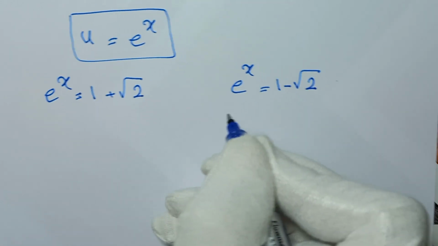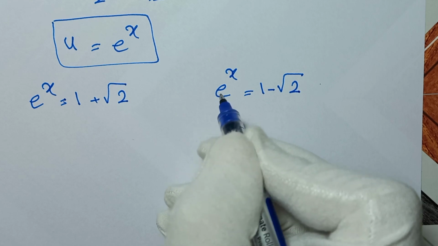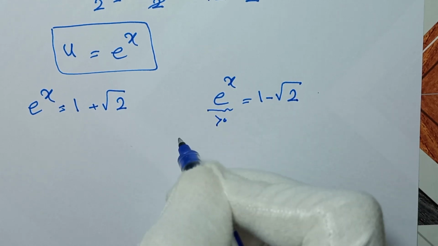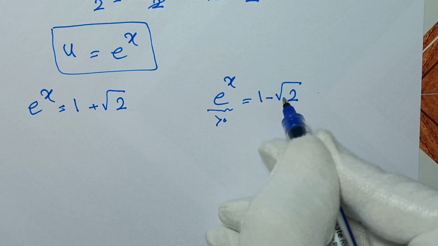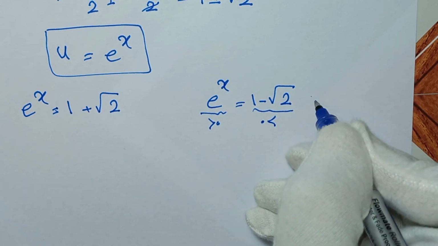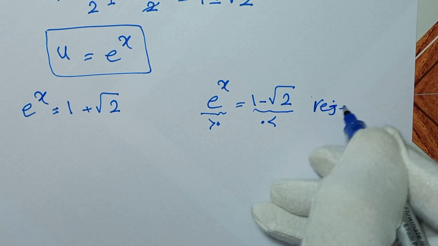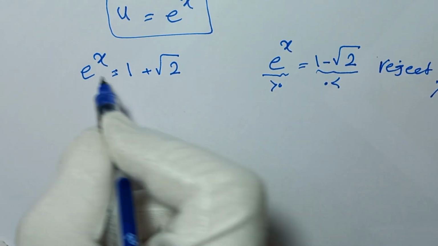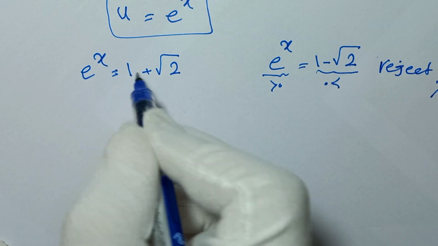Here, e is positive, so e^x is positive, greater than 0. And here, 1 minus square root of 2 is negative. So from here, we reject this answer, and we continue with this. So from here, e^x = 1 + square root of 2.